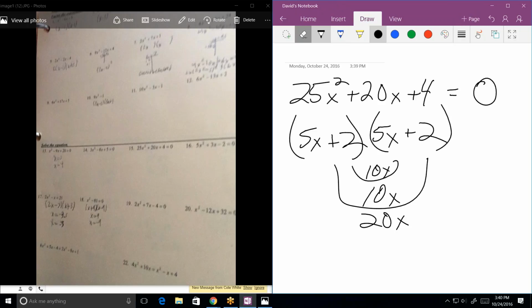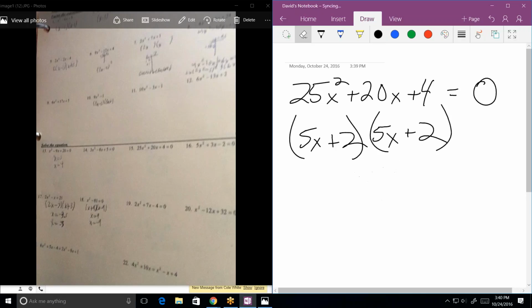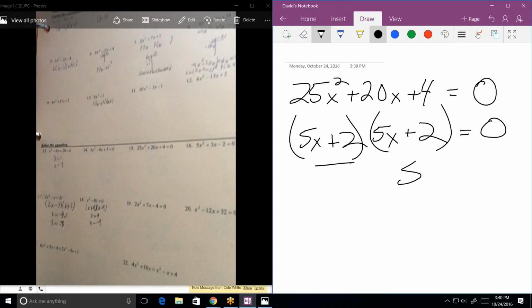Now, go ahead and finish solving this. In other words, if that times that is equal to 0, what's my solution? Set that equal to 0.